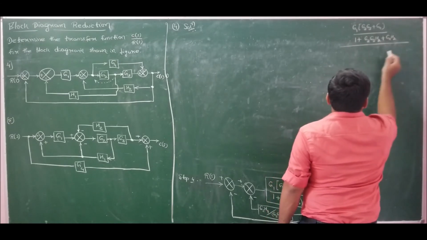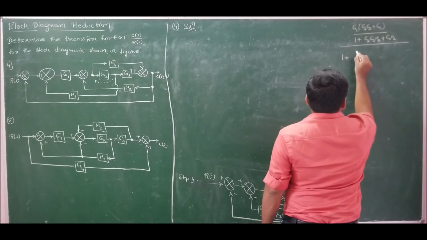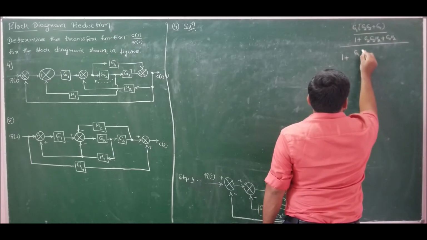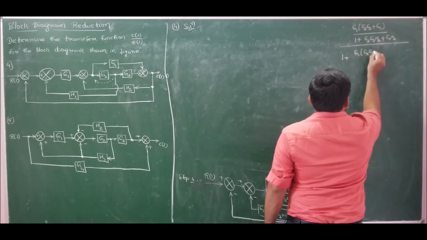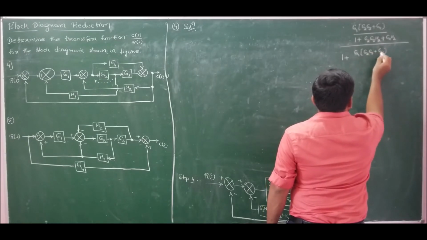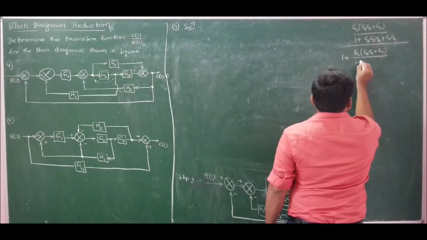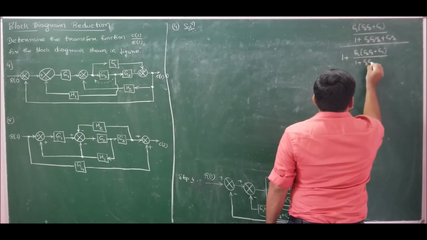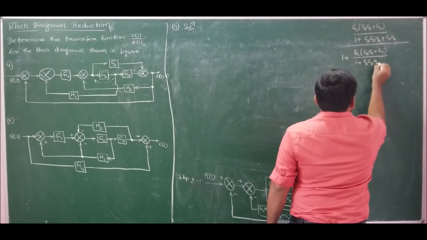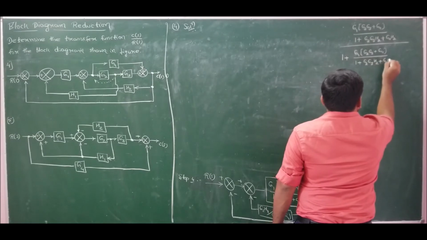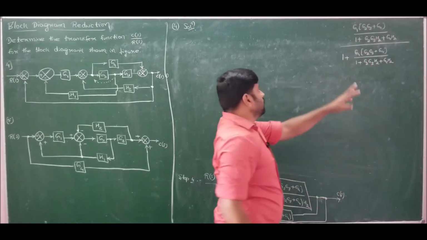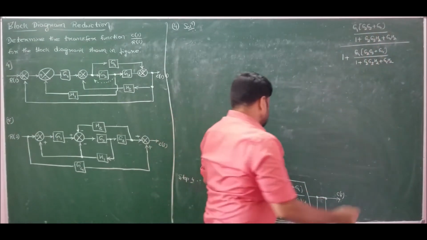G of S divided by 1 plus G of S, again the same thing, G2 G3 plus G4 divided by 1 plus G2 G3 H2 plus G4 H2, G of S divided by 1 plus G of S into H of S.